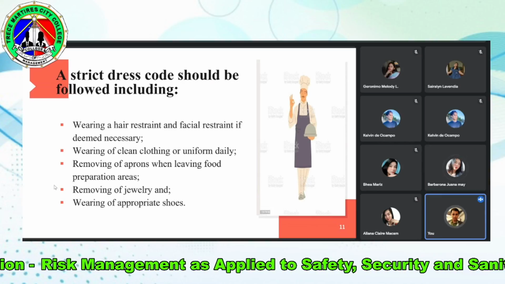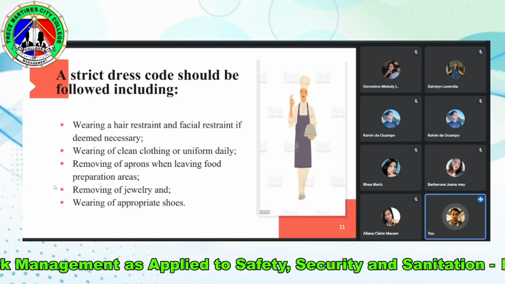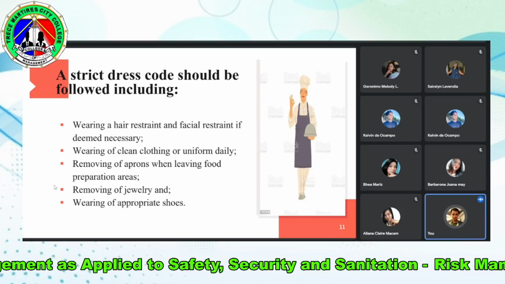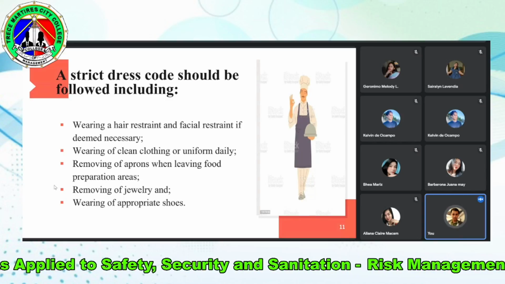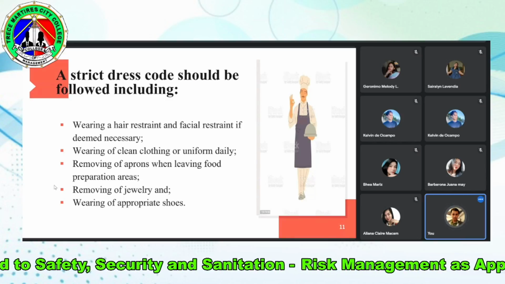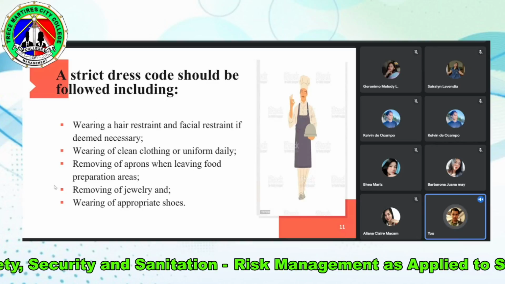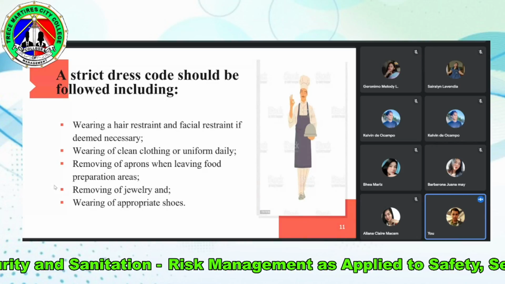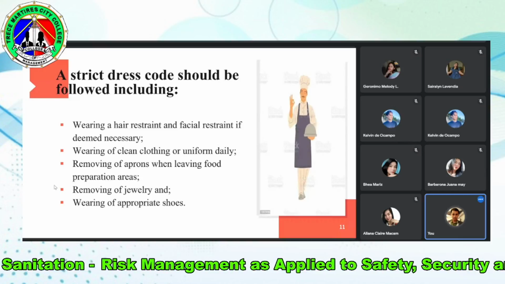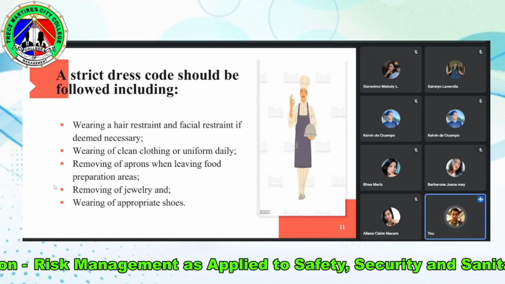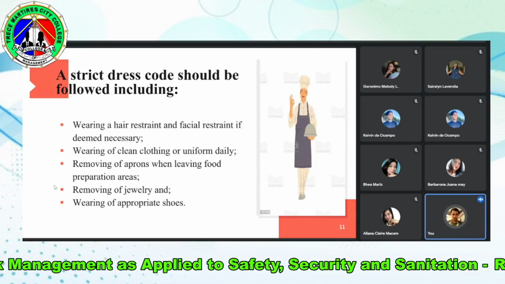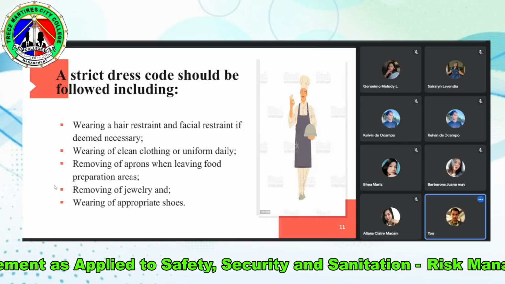Thank you. Okay. Any idea, Miss Makam, with regard to dun sa question ni Miss Barbara? Why is it important to wear proper attire or proper uniform when it comes to the workplace?